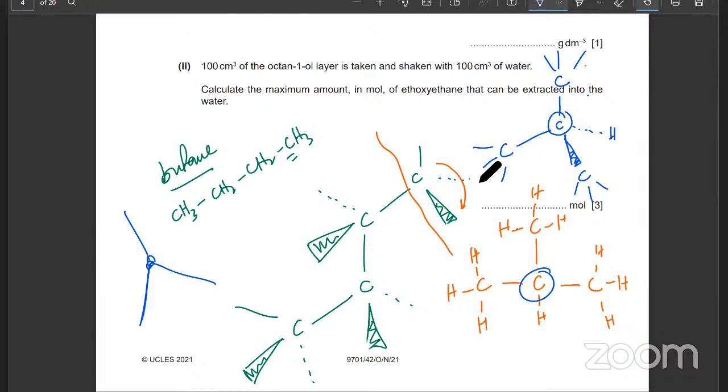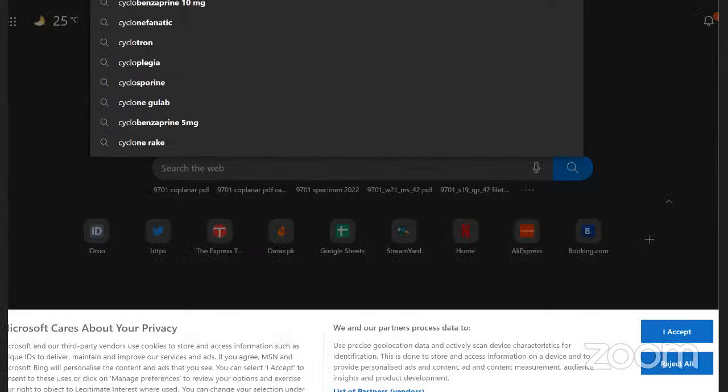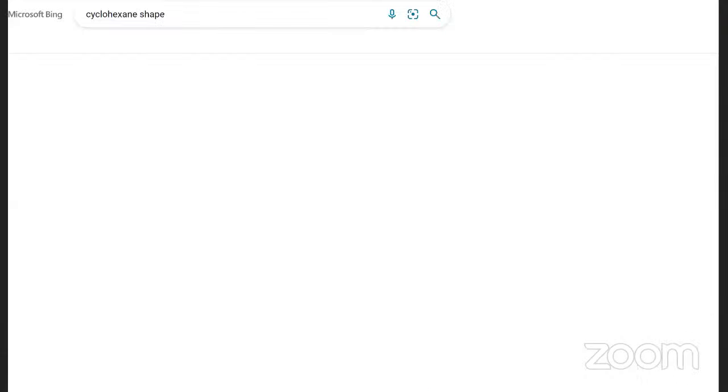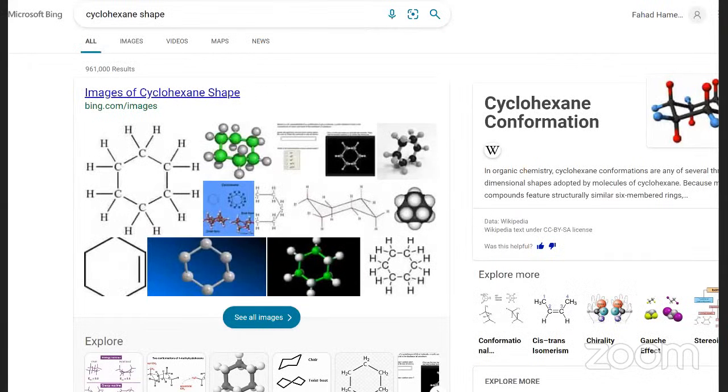In cyclohexane, all 6 carbon atoms are connected in a ring in a tetrahedral arrangement. The question I just sent had 3 benzenes attached together, and one benzene and one cyclohexane attached together. So this is what cyclohexane would look like.